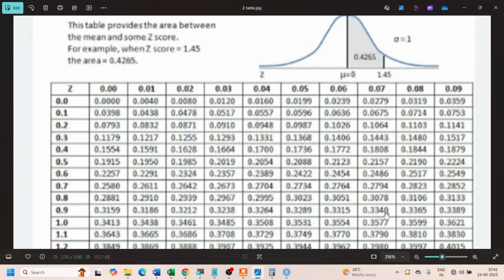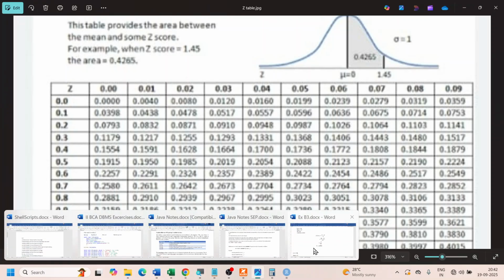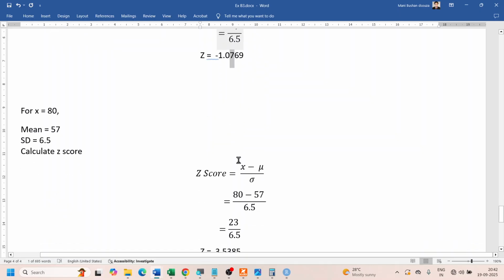So let me just change the color. Under 0 is this one. So this is the value 1.0 under 7, the value that is being given over there. So what you have here is 0.3577. So let's take a note of that. I have already made a note of that.